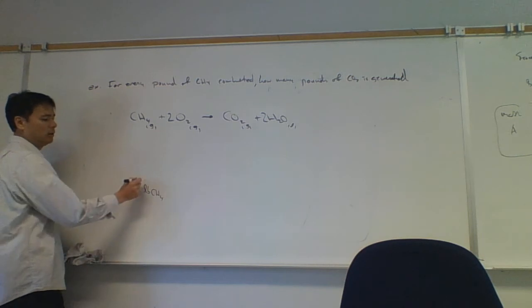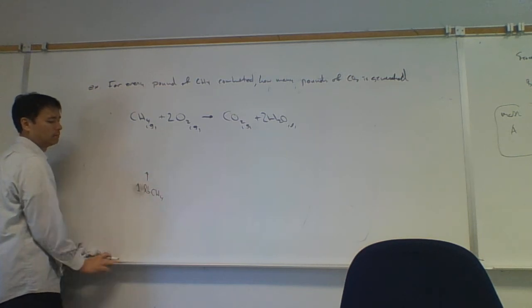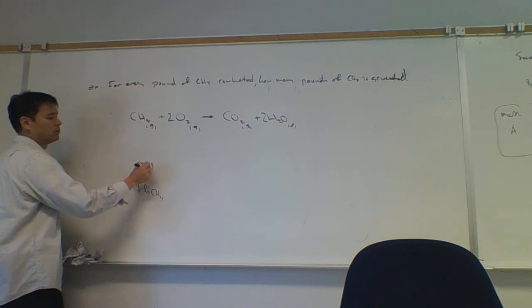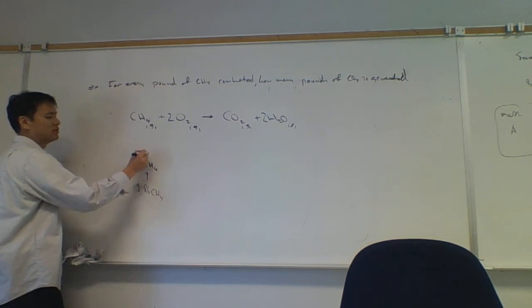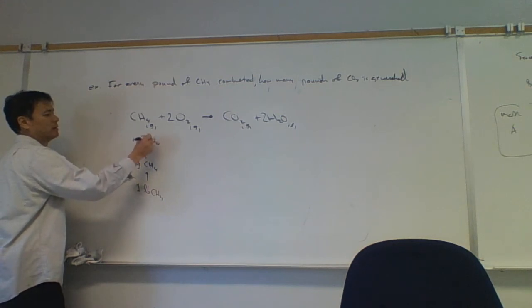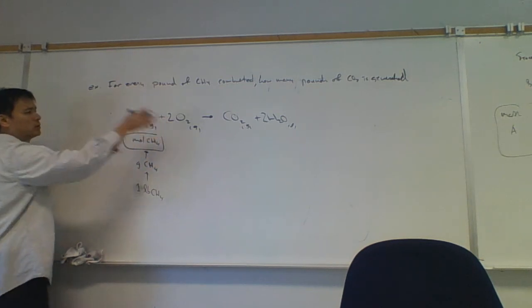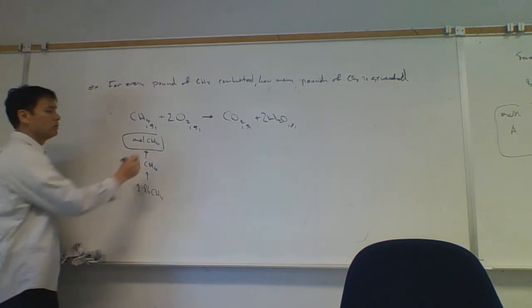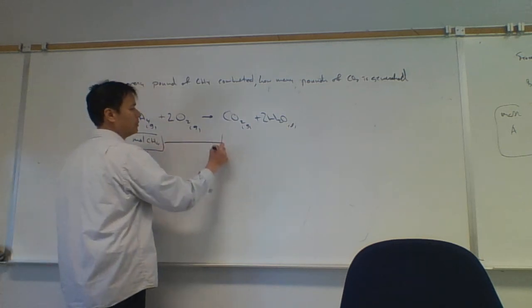And so we need to go from pounds to what? Grams. So we'll go grams of CH4. And then we go from grams of CH4 to moles of CH4. And this takes us to the stoichiometry equation and the stoichiometry math here. And then from moles of CH4, we're going to go all the way to moles of CO2.